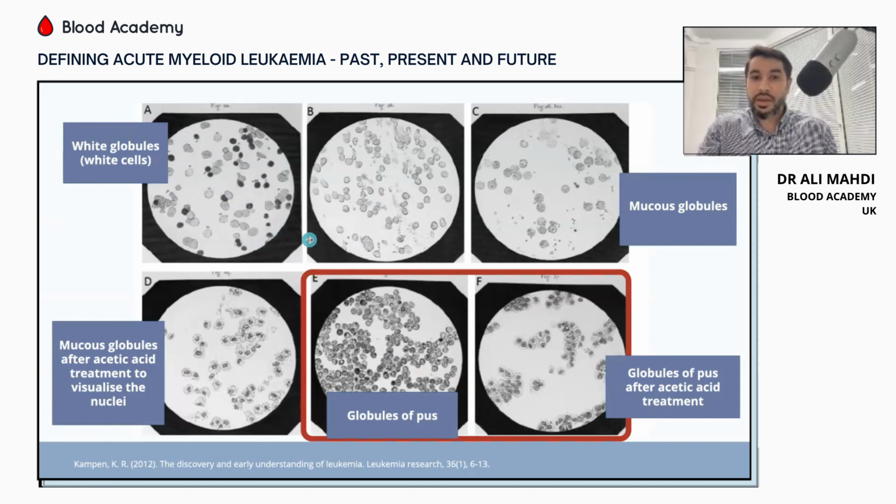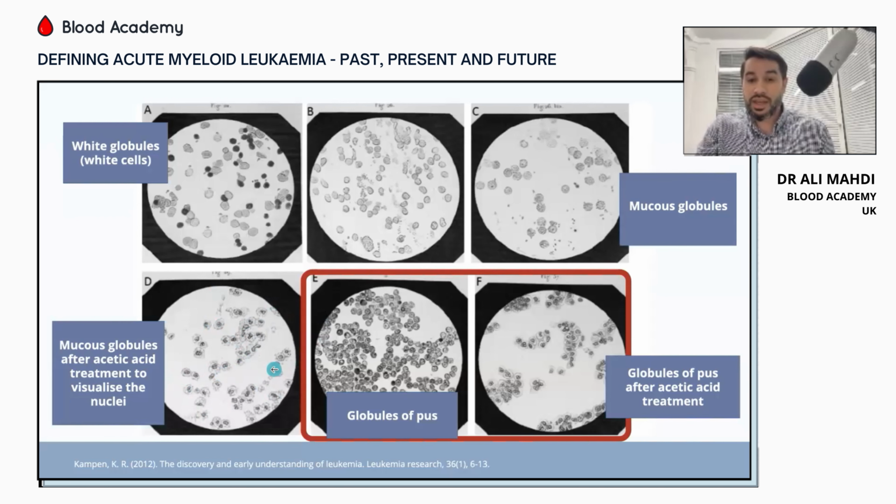And these were similar in appearance, as I've mentioned, to patients with active infection, or if you took an aspiration from an area of body that was infected from pus, then you could also see a number of white cells as well. He exposed them to acetic acid, and what that did was give them the ability to visualize the nuclei better.